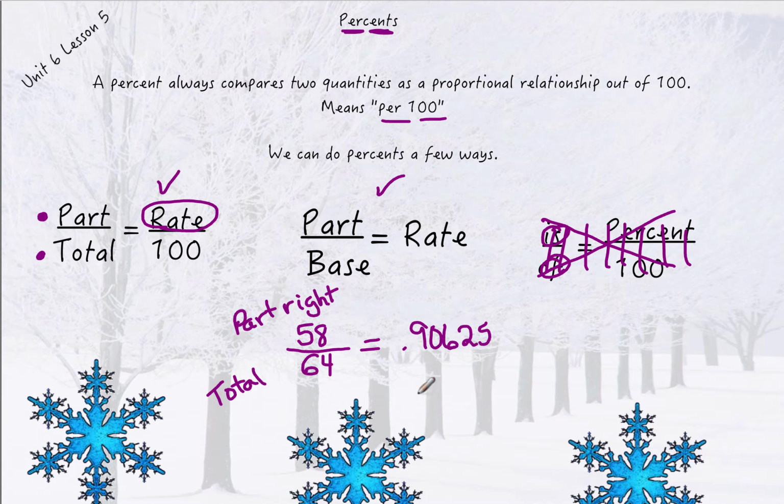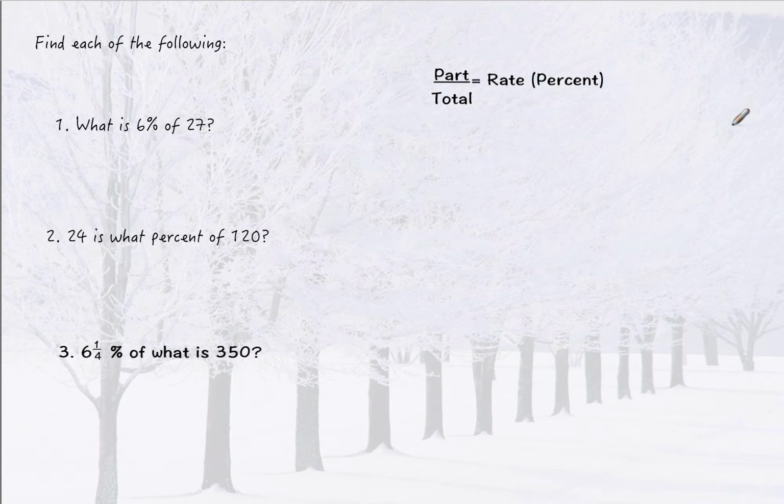And then that would be that you got a 91% when we move the decimal over 2 places and round to the nearest whole number. So that's how I would like you to learn how to do percents, so that you're really understanding the part, the total, and your rate out of 100.